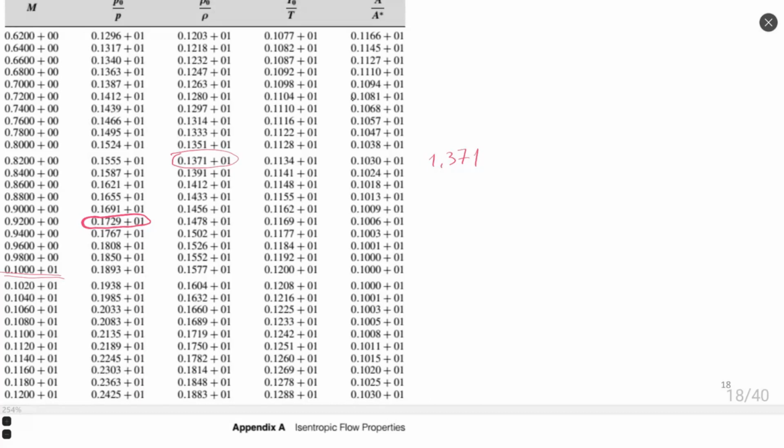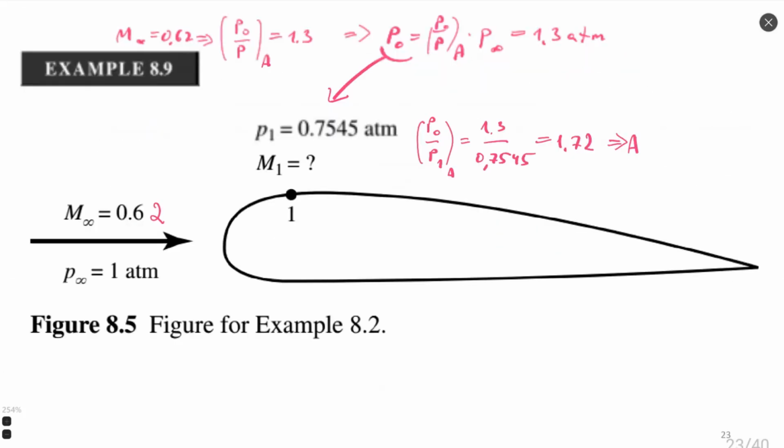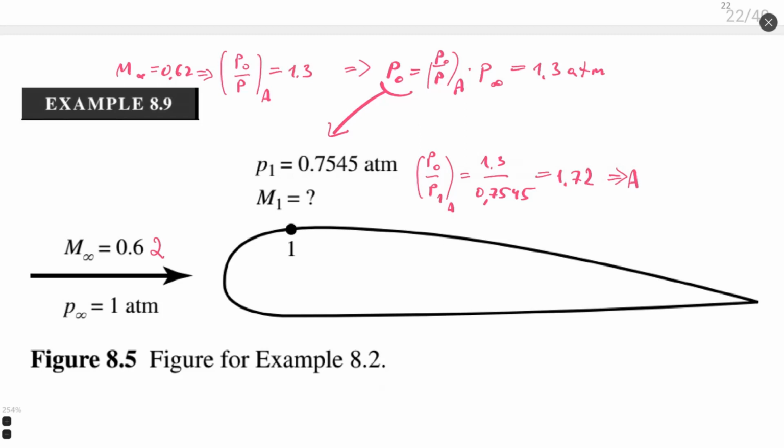And we see it corresponds to Mach number 0.92. I go back to my calculation, and I will conclude that my M1 is 0.92. That's it. This is the answer about value of Mach number at point of interest, point 1.